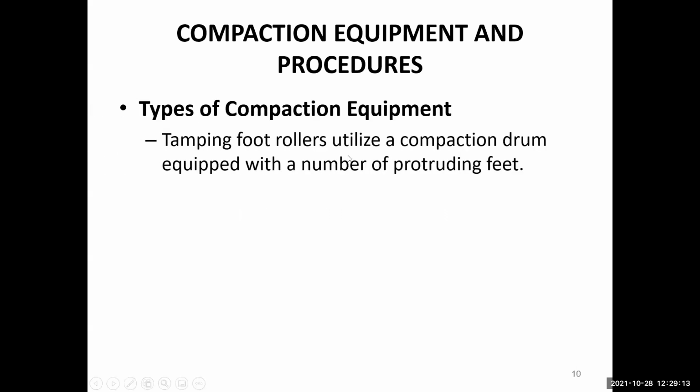The tamping foot rollers utilize a compaction drum equipped with a number of protruding feet. There will be a compaction drum, in the form of a very heavy steel roller, and that drum may have some protruding feet coming outside of it.